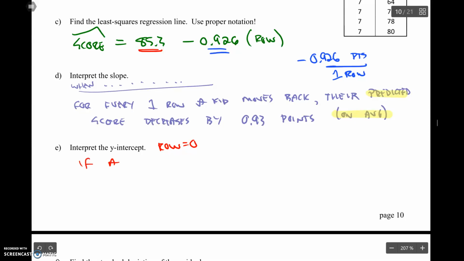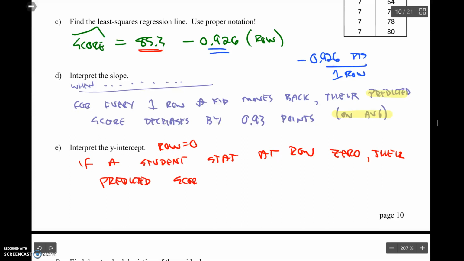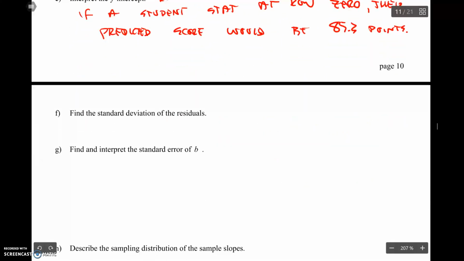If a student sat at row 0, their predicted score would be 85.3 points. Now, it doesn't have a whole lot of meaning because you can't sit at row 0, but you get the idea.